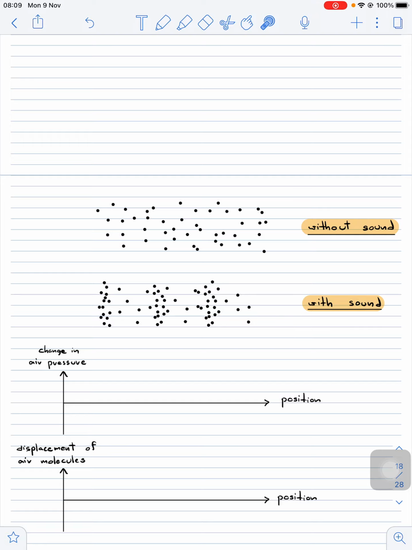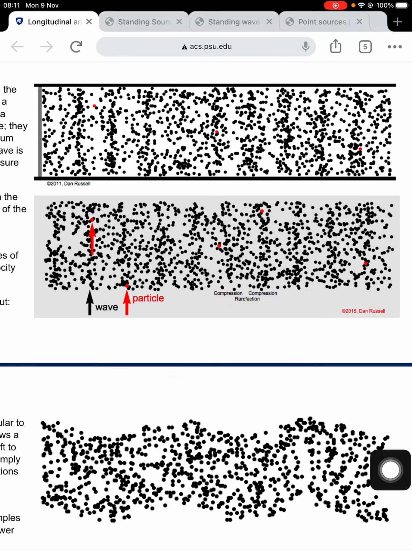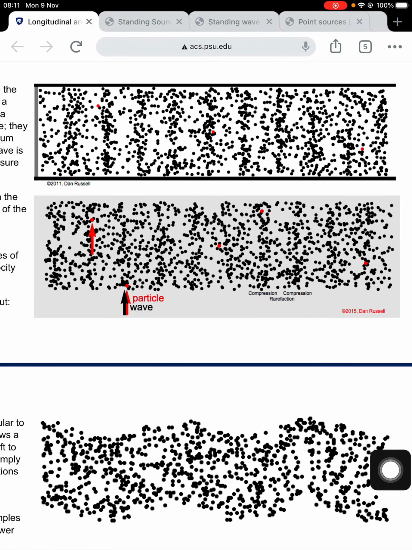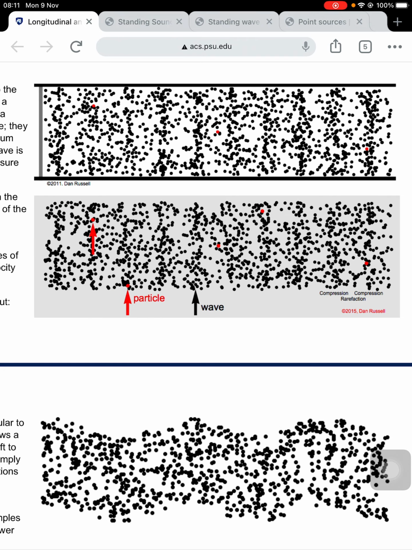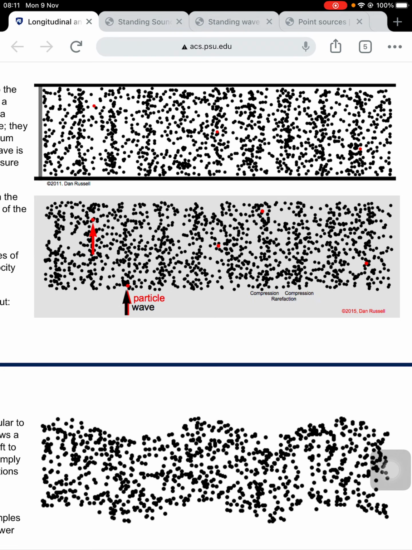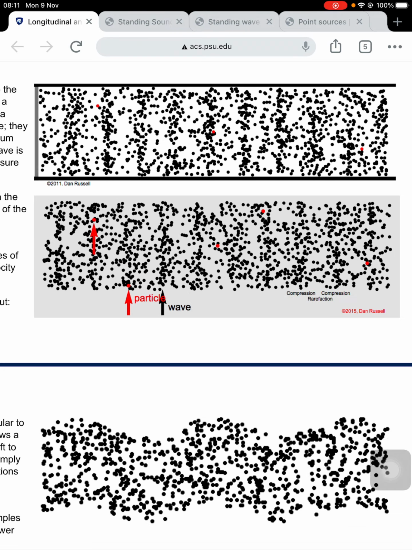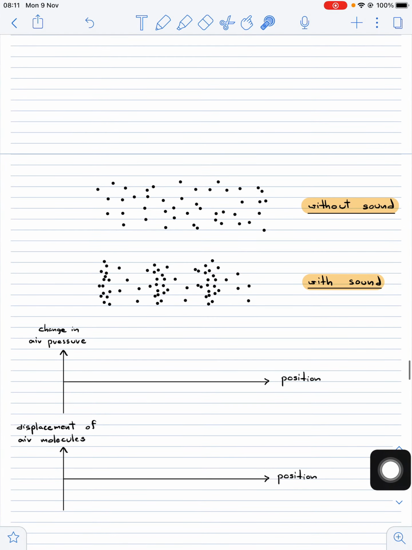If you look at this simulation, you can see that we have lots of particles in the medium here. So it would be quite difficult to trace or measure the displacement of each molecule in the sound wave. So what should we do?